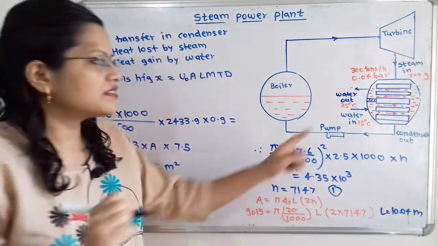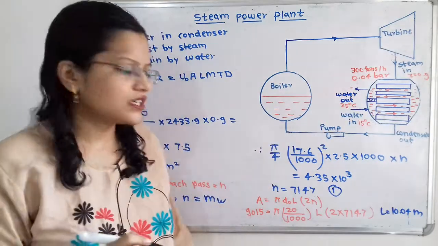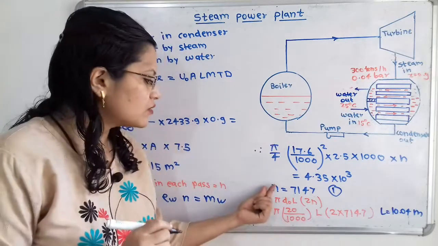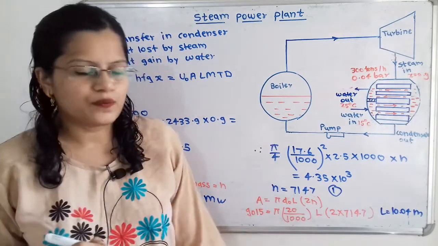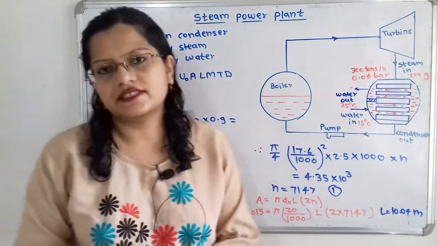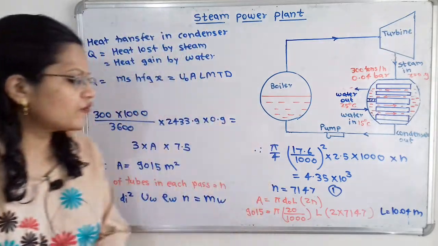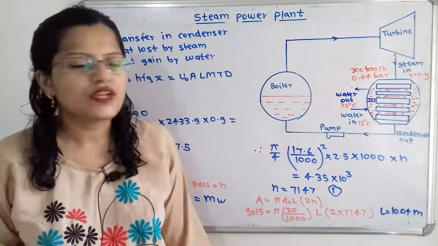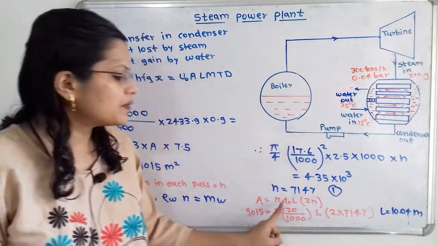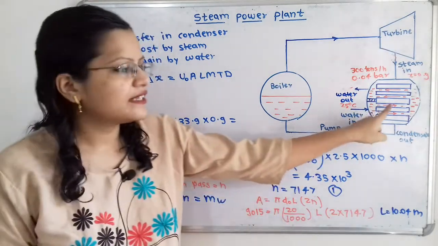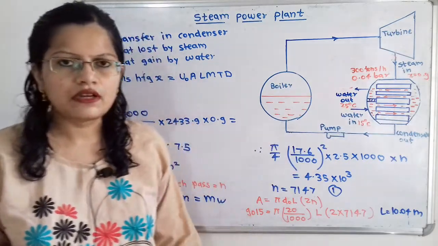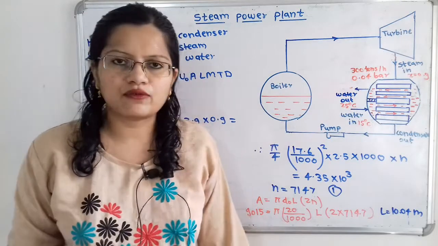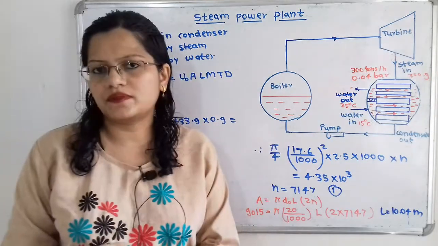Now this is a 2-pass water condenser. So how do we find the total number of tubes? That is N multiplied by 2. Now we will find the length of the tube. How do we define the surface area? The surface area of a tube is pi D_o L. So pi D_o, the outside diameter that we have to take, multiplied by the length of the tube.